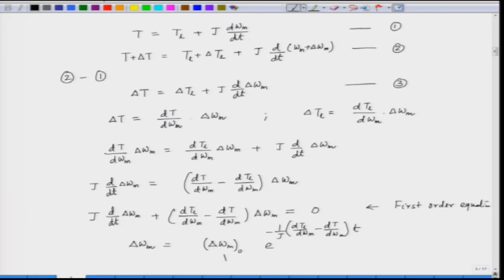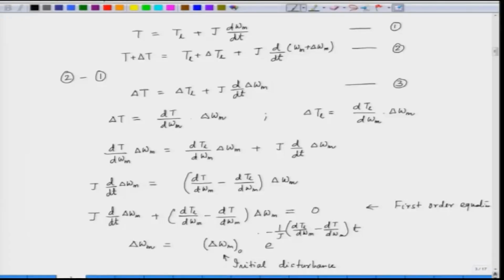Now, this is the initial disturbance. When we have disturbed the speed by delta omega m naught, finally the speed disturbance should be 0. If we disturb the speed and leave it like that, it should come back to the original equilibrium point, which means delta omega should be equal to 0 as t tends to infinity.